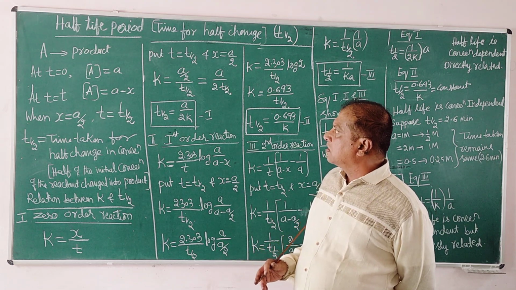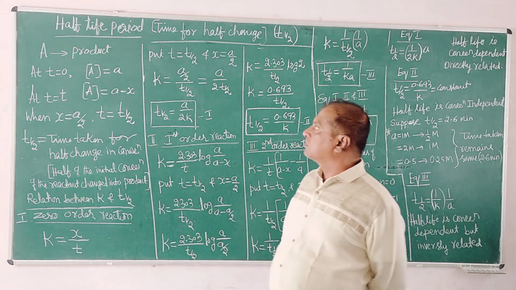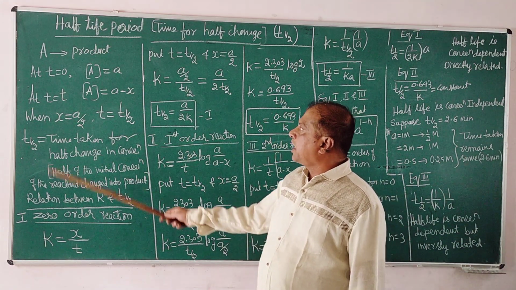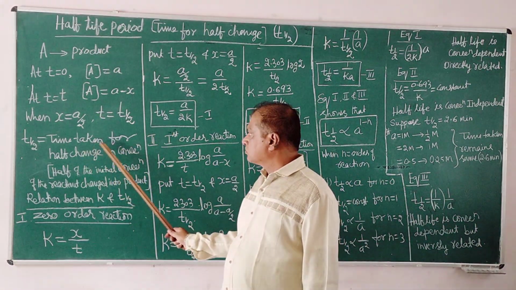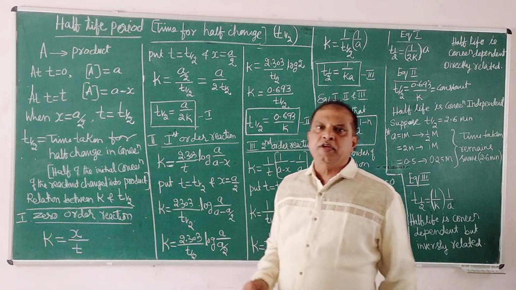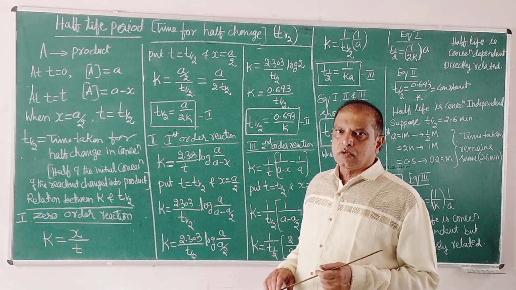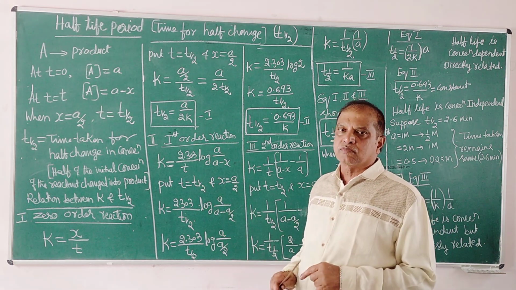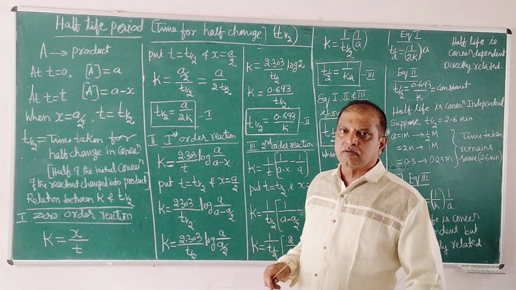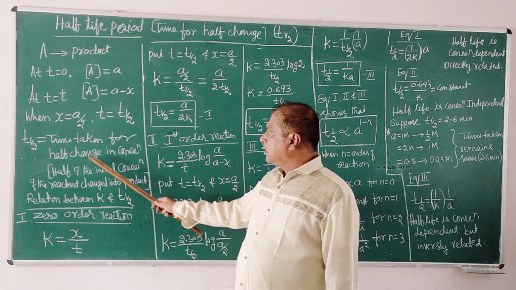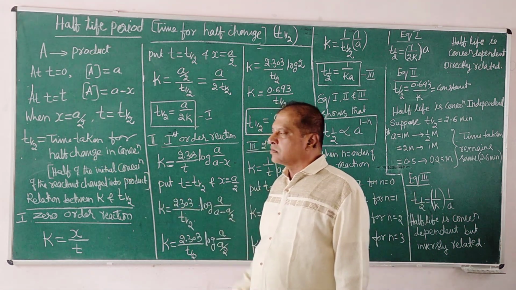Let us understand the definition of half-life. It is the time taken for half change in the concentration. It is the time duration in which exactly half of the reactant has changed into product.